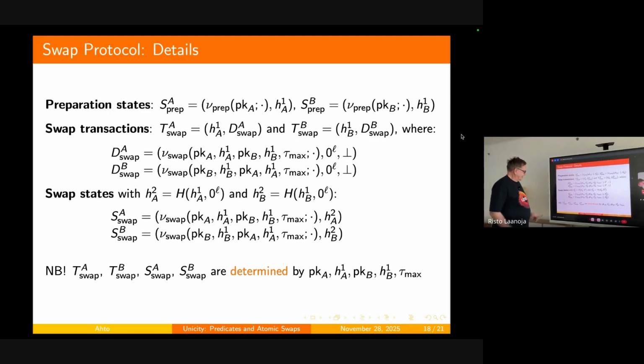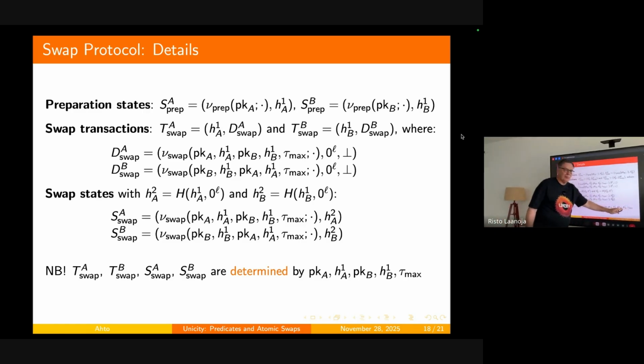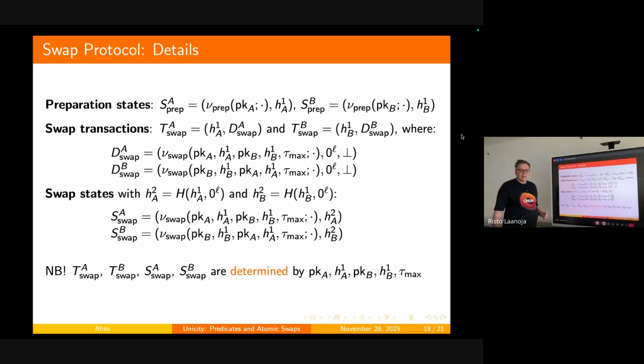Okay, and it's a crucial property of this protocol. Why it works is that all those states and messages are deterministic functions of those swap parameters.